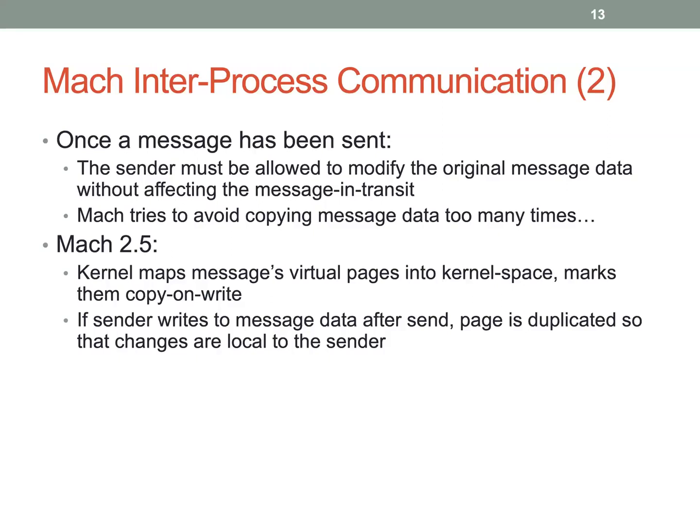So when the sending process sends the message, the kernel goes into that process's virtual address space and marks all the pages containing message bits. It sets them to be read-only, but also copy on write, so that if the sending process modifies any of those pages, the kernel gets a fault and it can duplicate the page. So it basically copies when it has to. Okay, so that's copy on write.